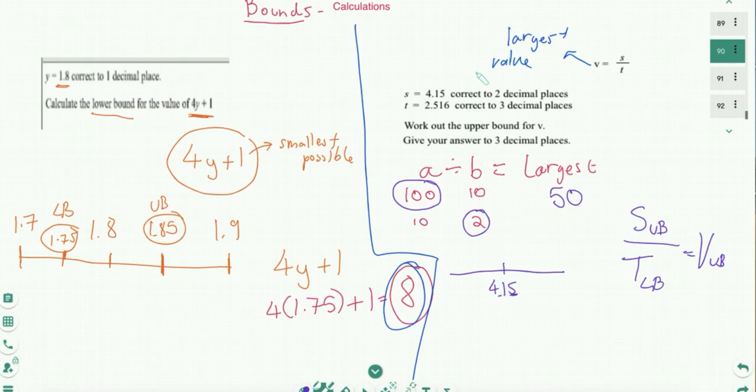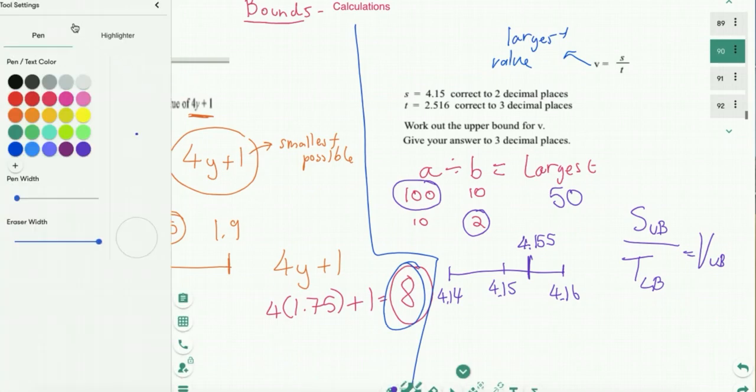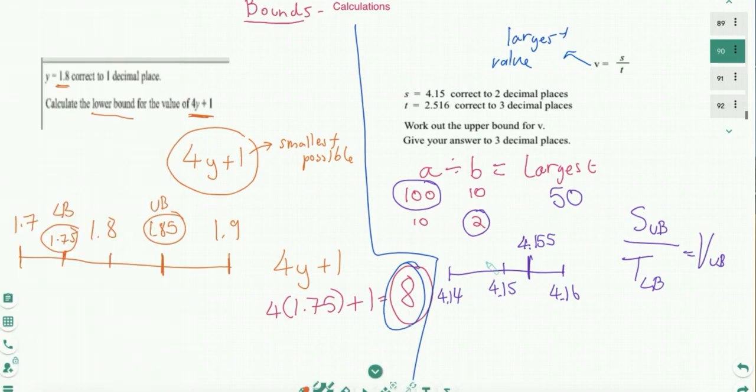This place value is called a hundredth, so I'm going to add and subtract a hundredth to both sides, so 4.16 and 4.14, and we want to find the upper bound for S, which is this over here, and that will be 4.155. So our value for S will be 4.155, and for T, the divisor, we need to find the lower bound.